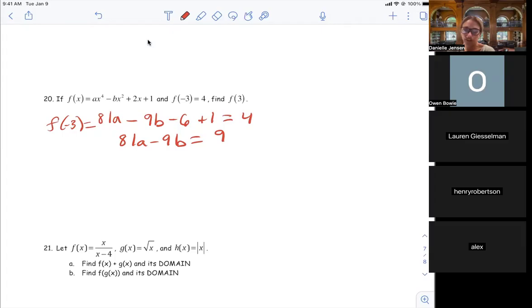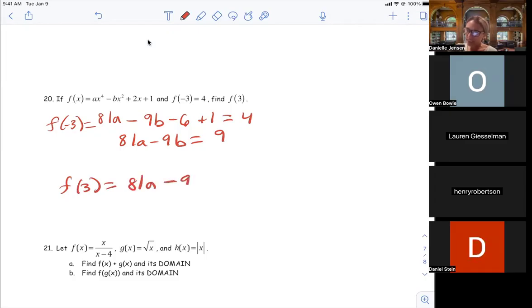Does that look right so far? Yeah, I think that's correct. Okay, so now, I can reduce this by 9, but I'm not going to fool with it for a second because I want to find f of 3. That's going to be 81a minus 9b plus 6 plus 1, right?